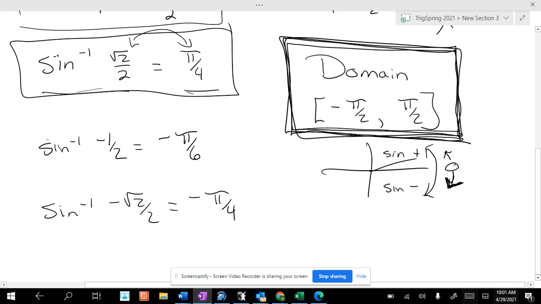Yes, Trey Smith. On the negative half, how did you go from 11 pi over 6 to negative pi over 6? They're coterminal angles. Remember from the first day of trig in January. You're taking this one here and turning it to a negative.